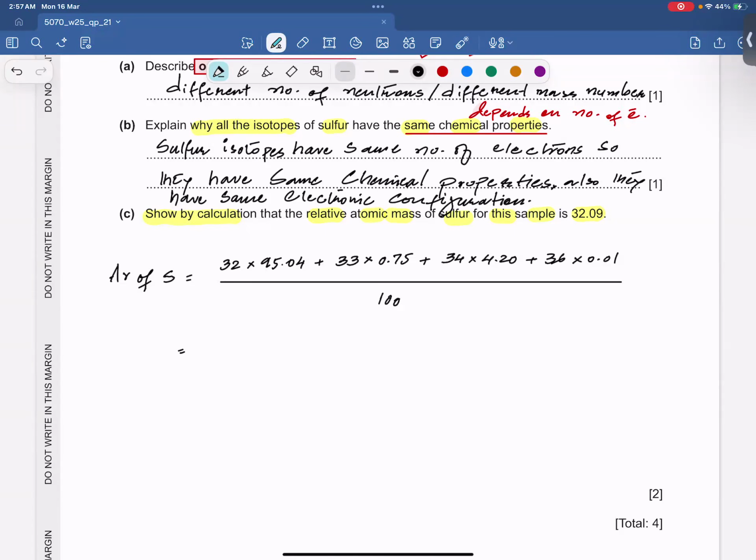So it's basically 3209.19 divided by 100, so it's going to be 32.0919. So basically, it's 32.09, and that's the answer given in this question. All right. So we have shown this calculation entirely. I hope it makes sense to you. That's an easy question, by the way.